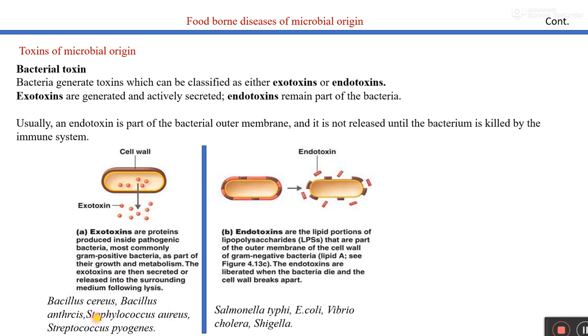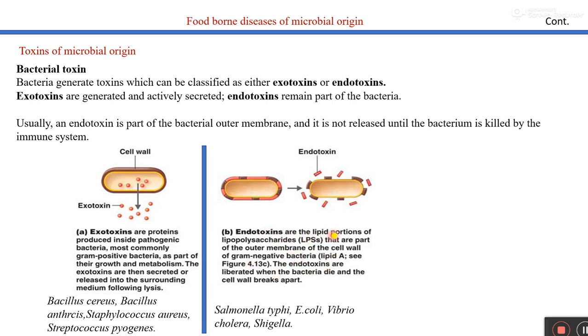And examples of the bacteria which generally secrete exotoxins are Bacillus cereus, Bacillus anthracis, Staphylococcus aureus, Streptococcus pyogenes. Another type of toxin which is released by bacteria is endotoxin. Endotoxins are generally released by gram-negative bacteria.